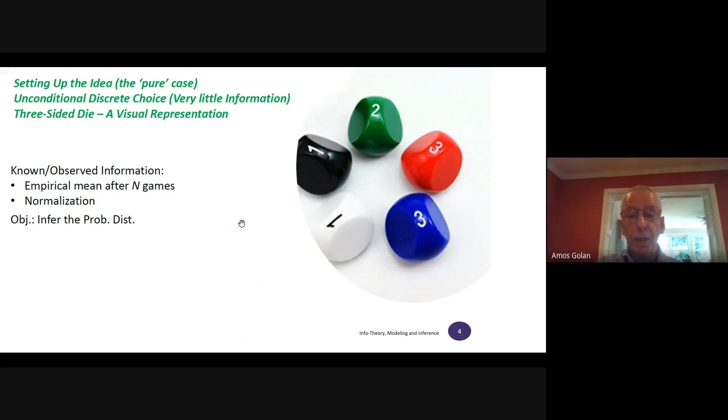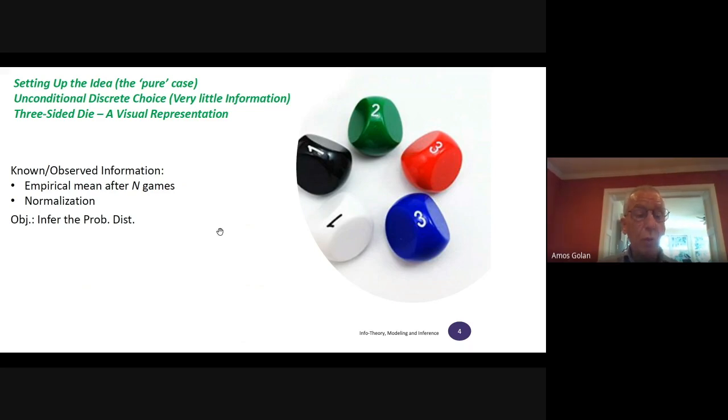Based on this, you want to bet on the next toss of the three-sided die, or you just want to infer the probability distribution of this die and see whether it's fair or a biased die. Very simple problem, but we'll see later on that it generalizes to almost all problems within modeling and statistics.